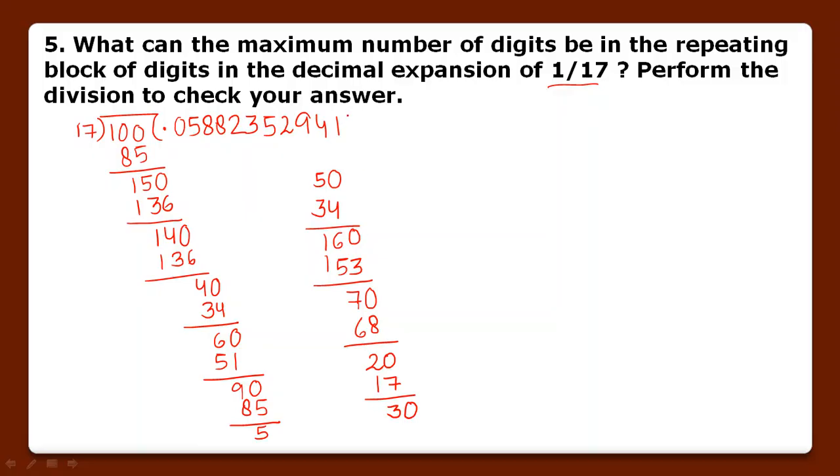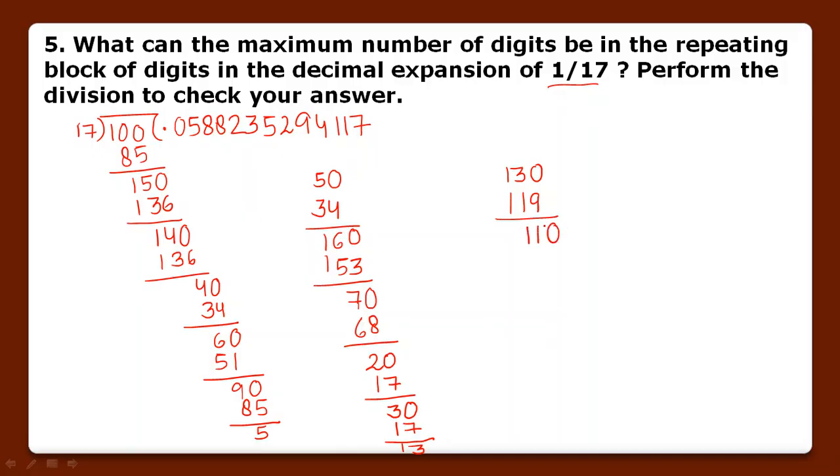Then again 17 1s are 17. We'll get the remainder 13 from here. We'll take a 0 and write here 7 because 17 7s are 119. We'll get the remainder 11 from here.